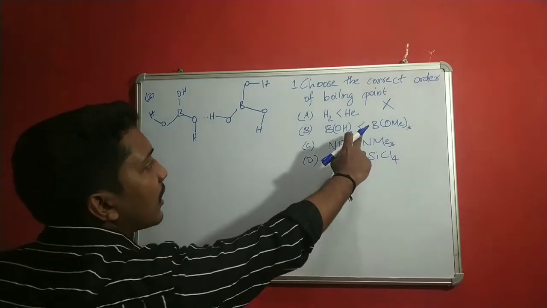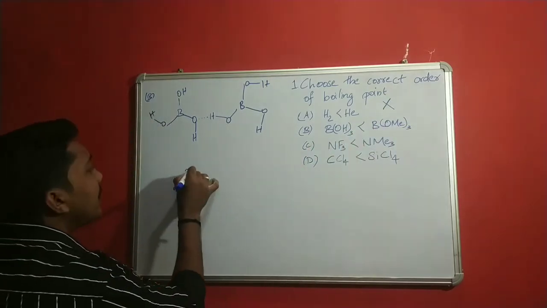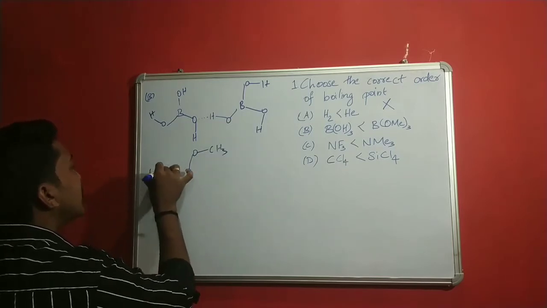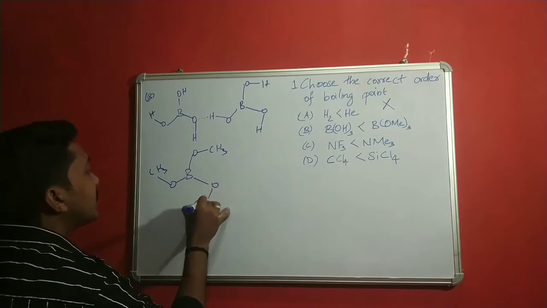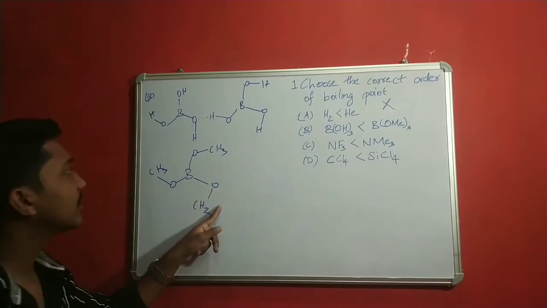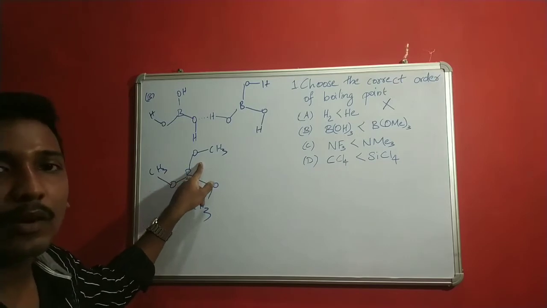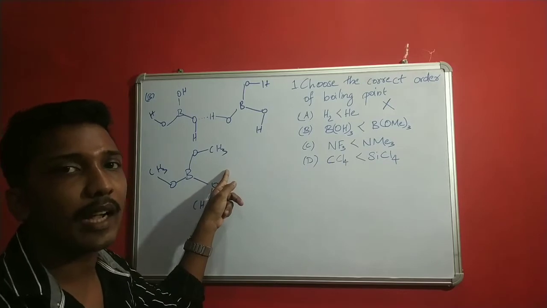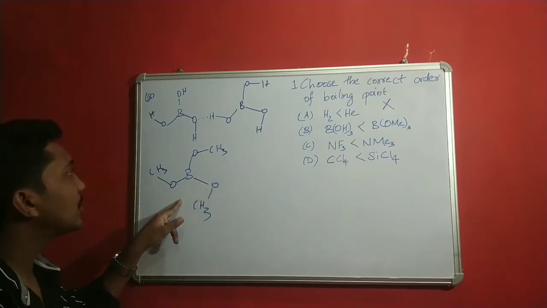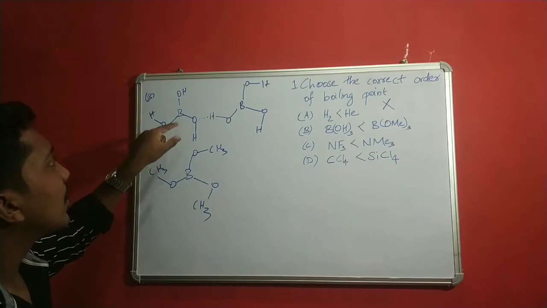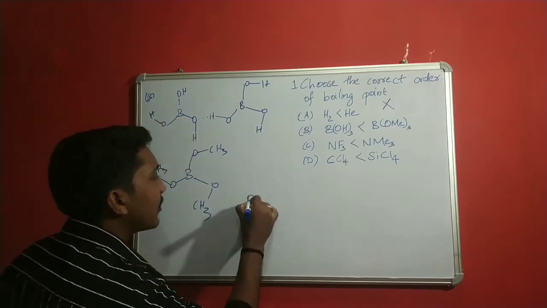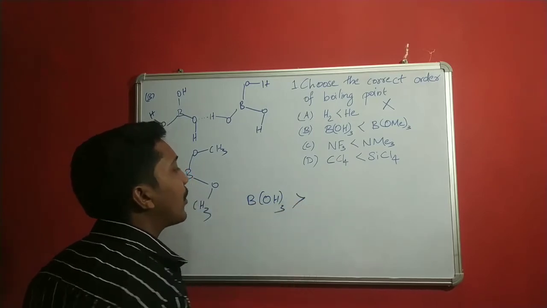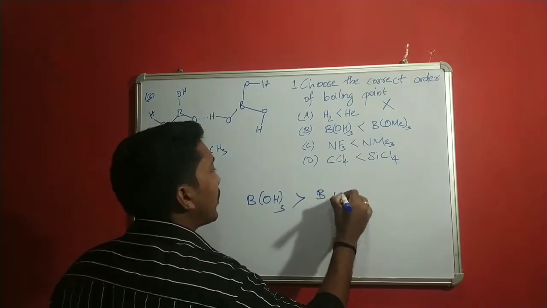Coming to the other one, B(OCH3)3. In this case, we do not have any OH groups, so we cannot expect any hydrogen bonding. So comparing these two, B(OH)3 will have a higher boiling point than B(OMe)3.